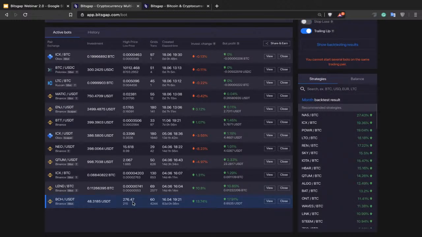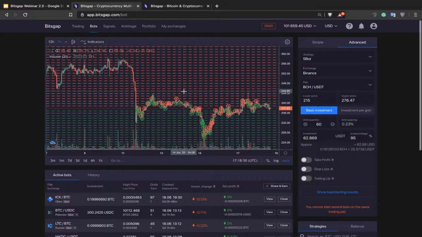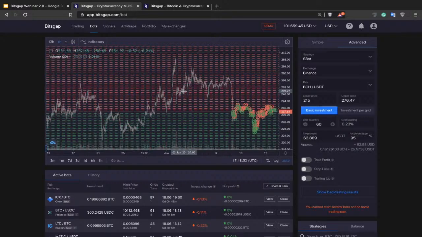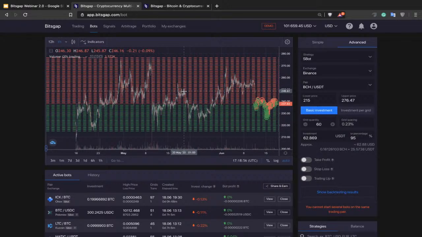In my case, I'm looking for the cases on the market when the price respects the support level.